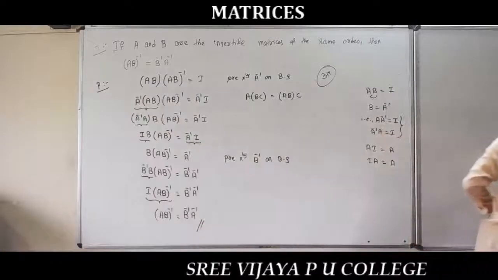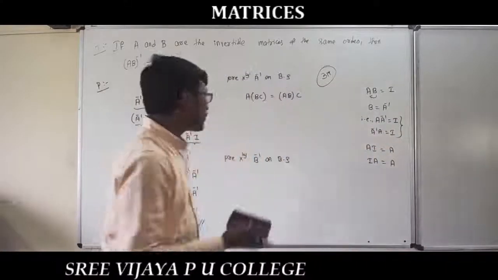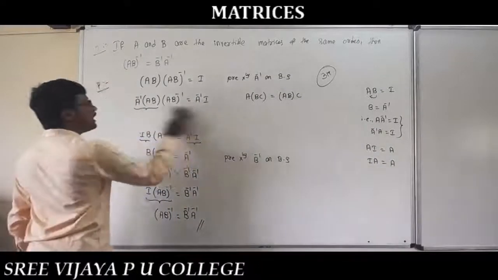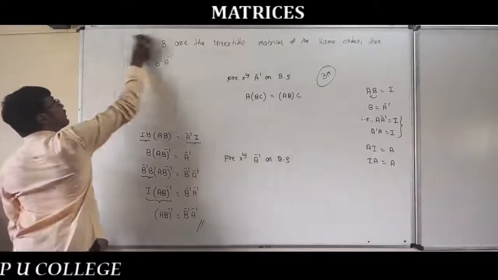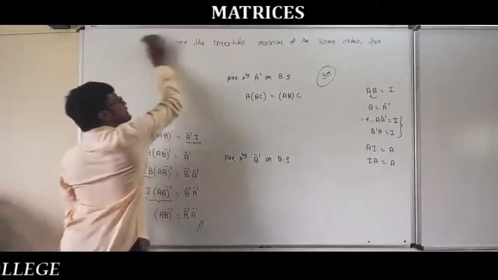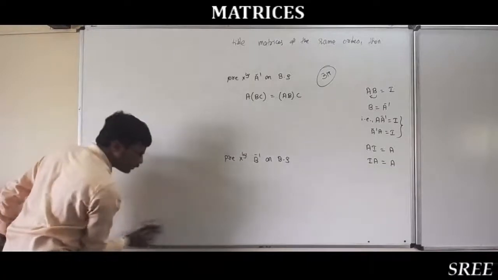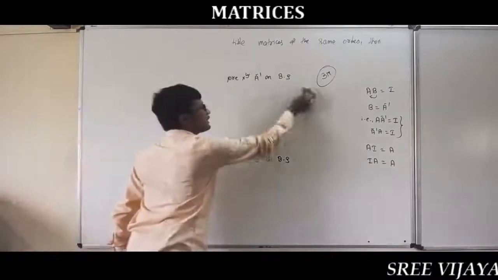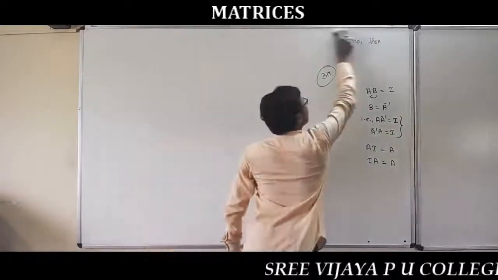Now let us discuss how we can find inverse of a matrix by elementary transformations. So how many elementary operations you have? You have the 6 elementary operations, 3 due to row and 3 due to column. So what are the 3 due to row?